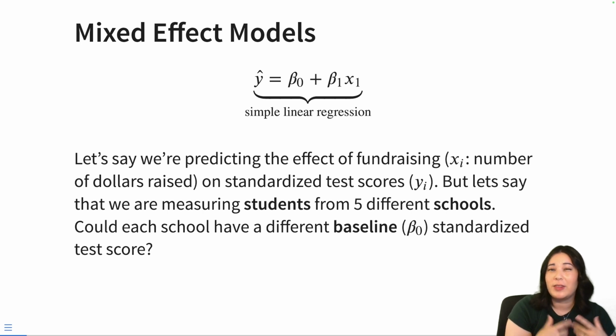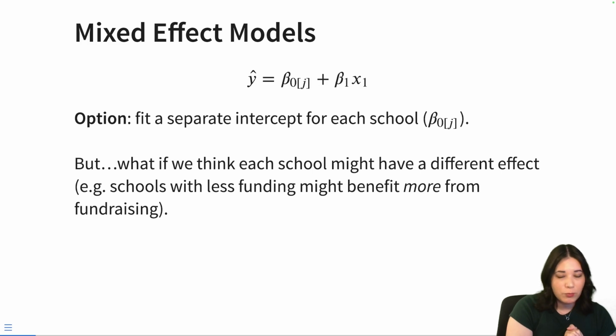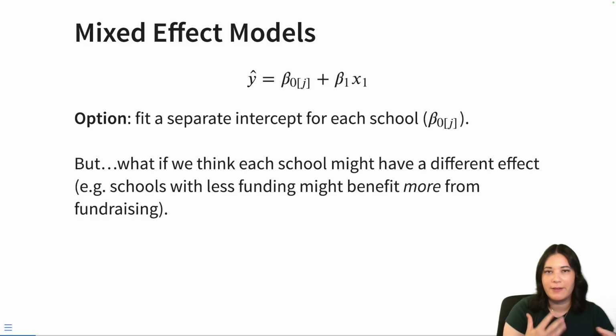In other words, the average test score of each school, would it all be the same, or might each school, for various reasons, have different baselines? Well, it's really likely that that's the case for various reasons, since all of these different schools have different things that are kind of impacting what their standardized test scores are.